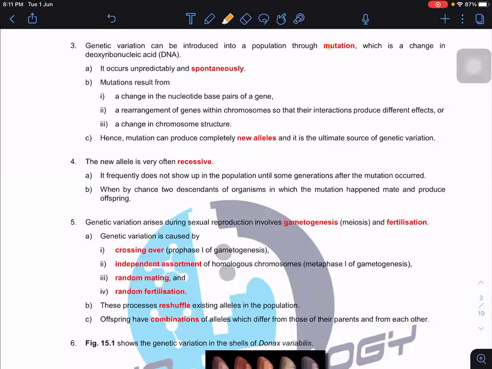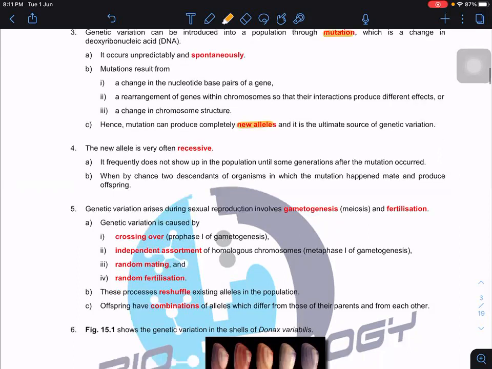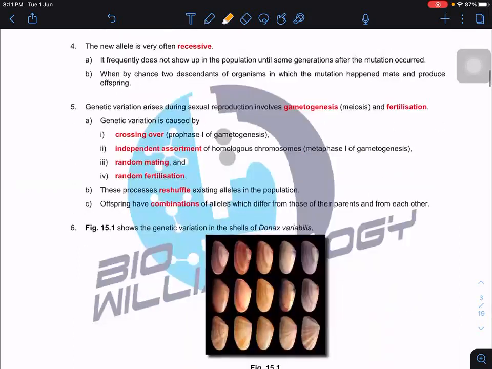So when we talk about mutations here, what we want is the new allele. But generally, these new alleles are recessive. You won't be able to see the effect until the descendants also happen to have the recessive allele, and then they will produce offspring that show the recessive trait.